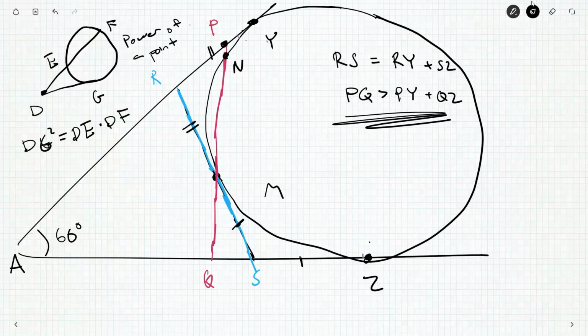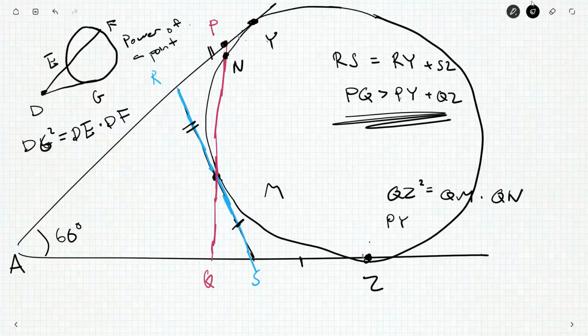Cross ratio is what we've got here as well. Actually, no. I think power of a point is just when it's the tangent line. Anyway, it doesn't really matter. But the point is, from this, I can see that QZ squared is the same as QM times QN.